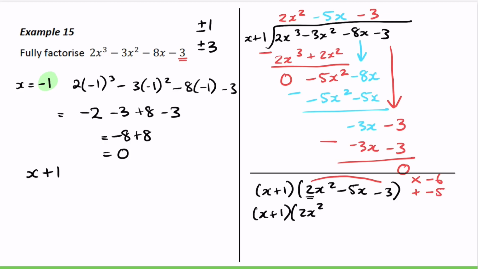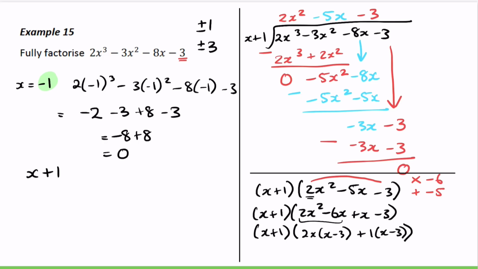So it'll be 2x squared minus 6x plus x minus 3. I'm now going to factorize by grouping. So here I can take out 2x, x minus 3 is left over, and then x minus 3 is left over in this term. X minus 3 is the common factor, so I'll take that out, and what's left over is 2x plus 1. And there you have a fully factorized cubic.